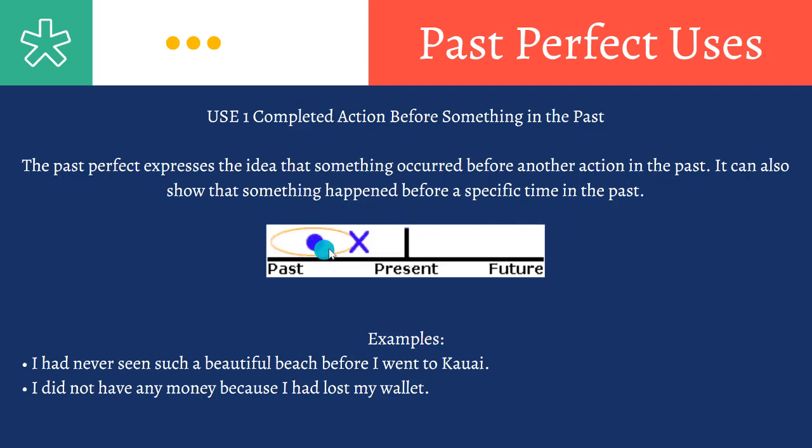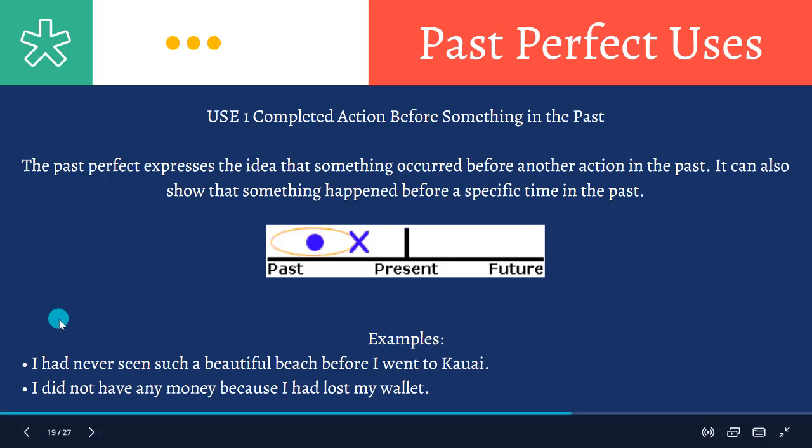So here is the graphic example of the time signal for the past perfect tense. So we can see the example here. I had never seen such a beautiful beach before I went to Kauai.